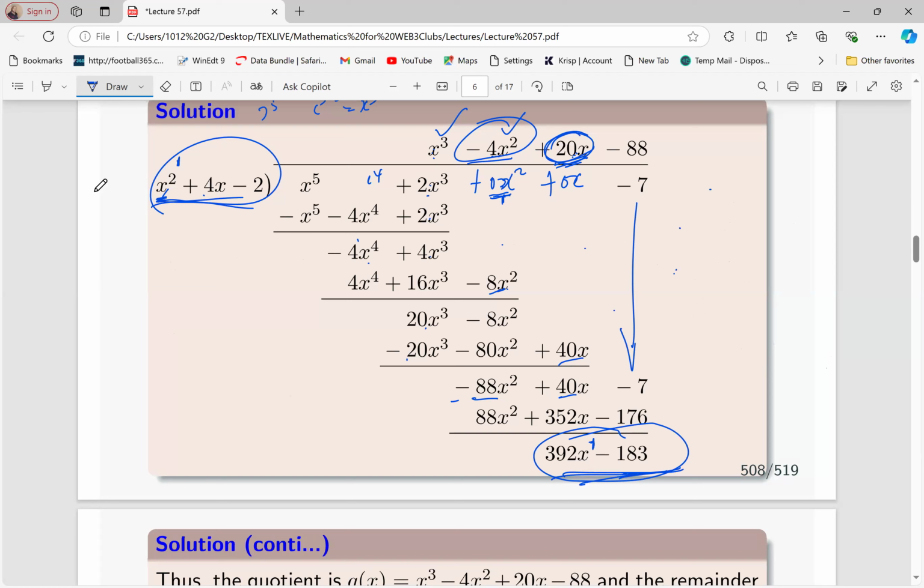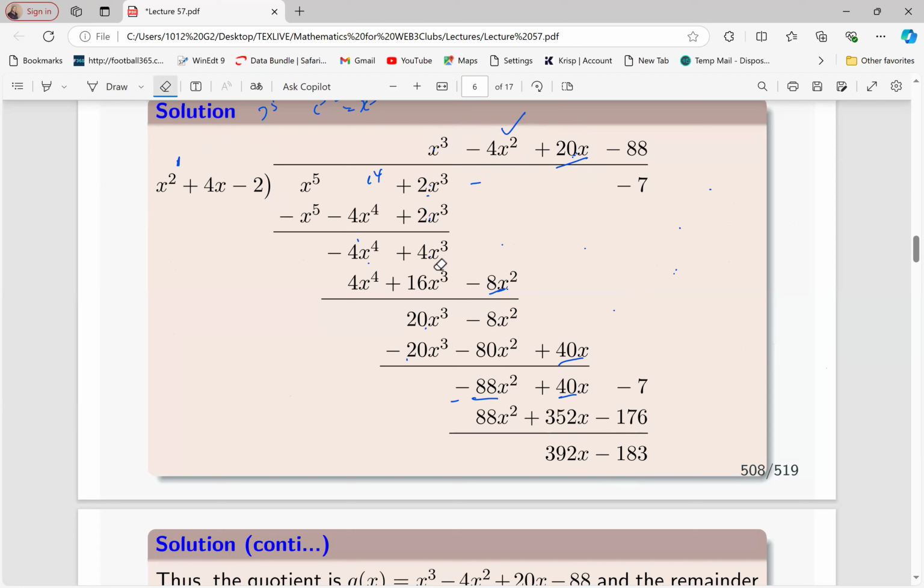So what this therefore means is that this divisor goes into our polynomial f of x this number of times, and the remainder is this. That's what it means. So that is the remainder.